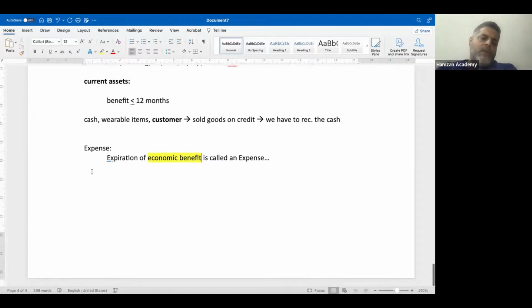Now, types of expenses. We have a capital expenditure. Capital expenditure is when you buy a non-current asset. It's called a capital expenditure.